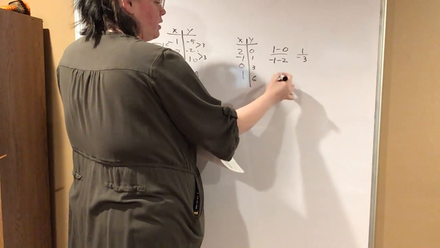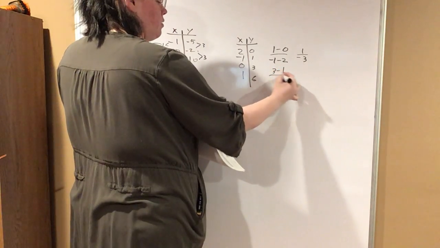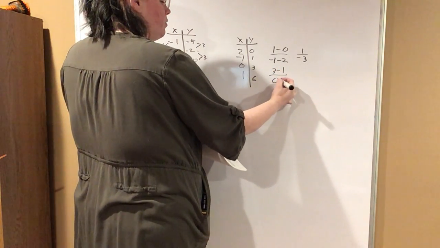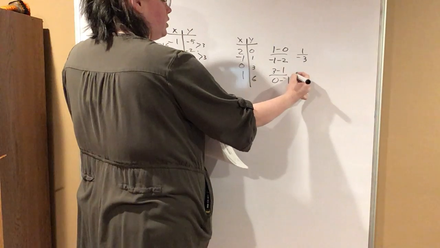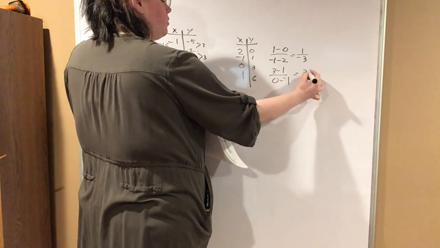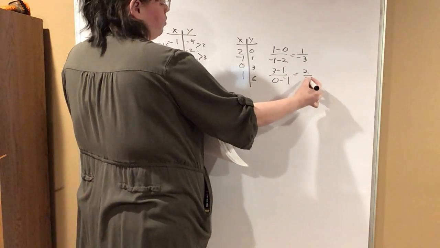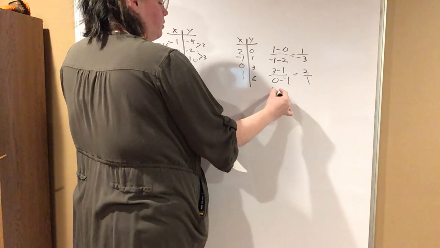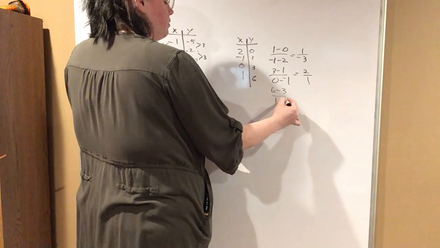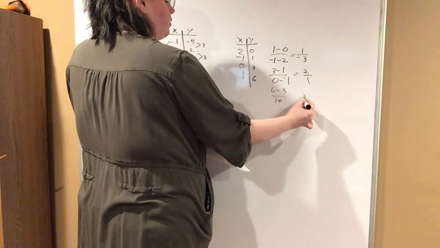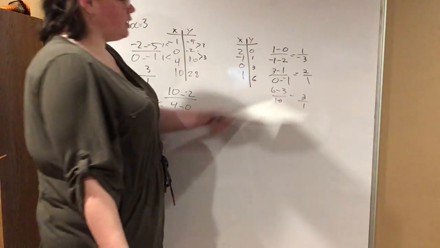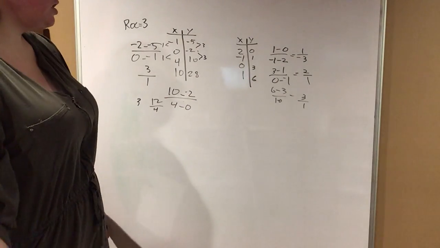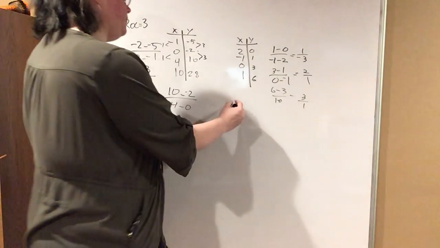So let's do this guy. 3 minus 1 over 0 minus a negative 1 equals 2 over 1. And then 6 minus 3 over 1 minus 0 is 3.